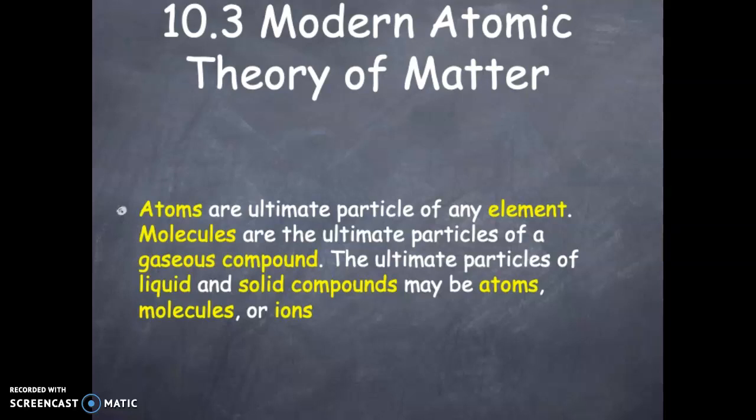The molecules are the ultimate particles of a gaseous compound. So every gas can only be made of molecules. However, the ultimate particles of liquid and solid compounds may be atoms, molecules, or ions. So pay attention. Atoms, molecules, or ions can exist to make liquid or solid structures.